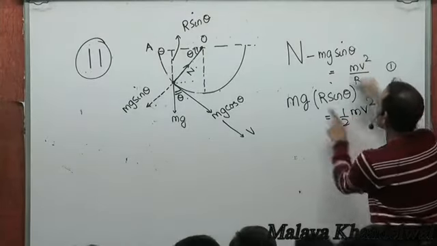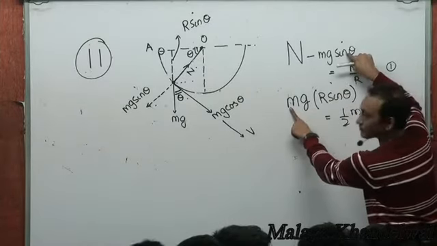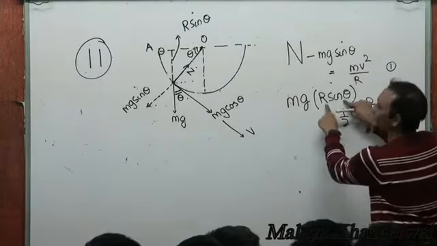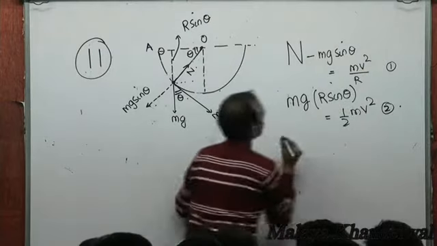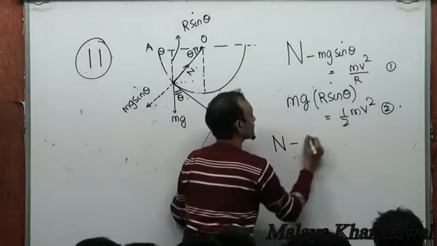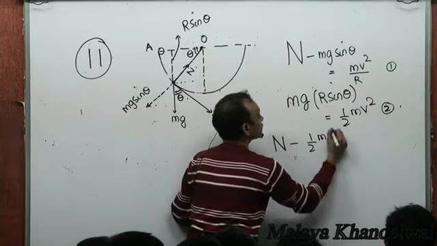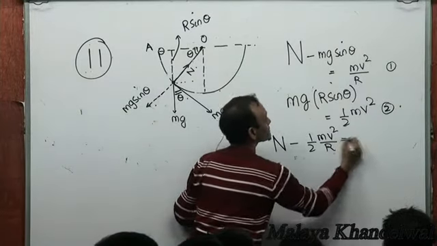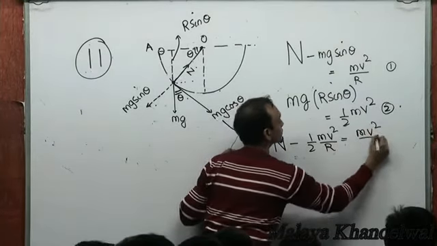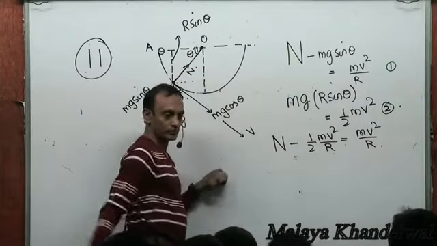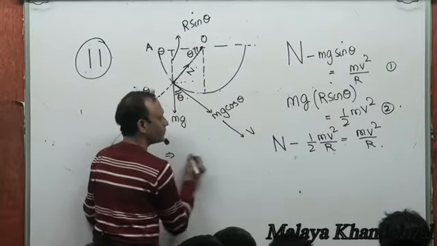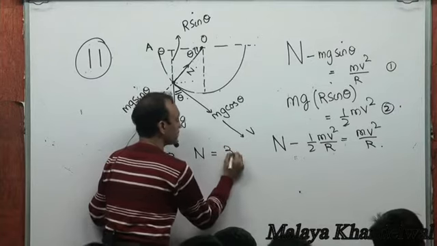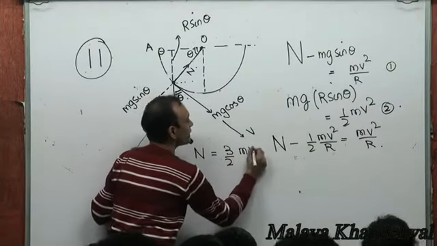Yes or no? mg sin theta here can be replaced by half mv squared by r. So then I get N minus half mv squared by r is mv squared by r. So this gives me N equal to 3 by 2 mv squared by r.